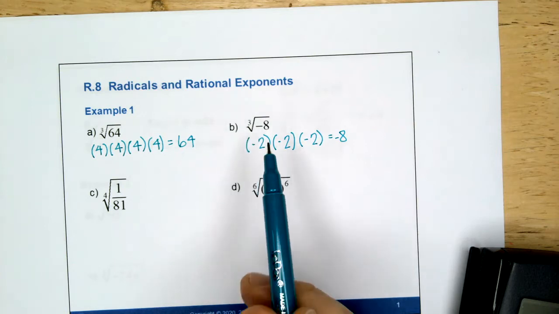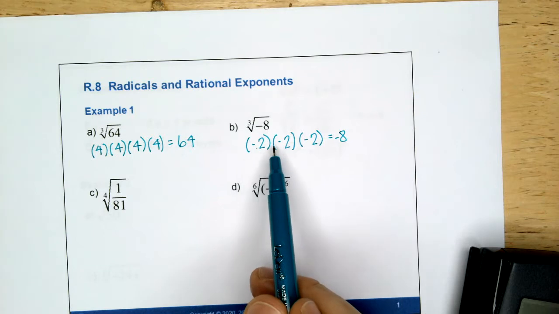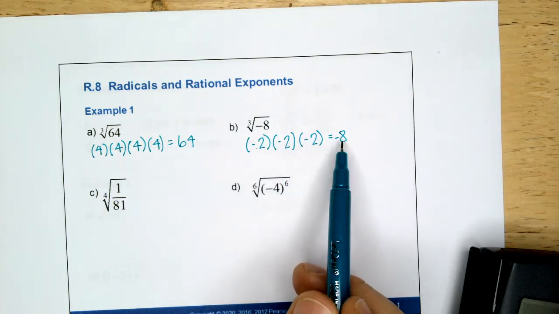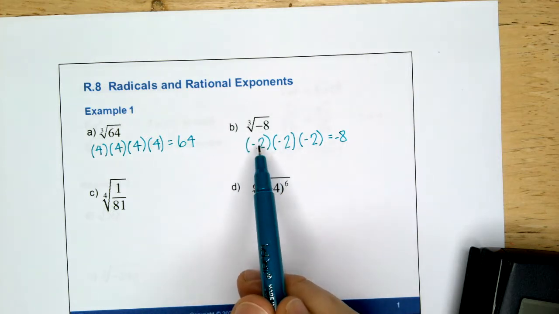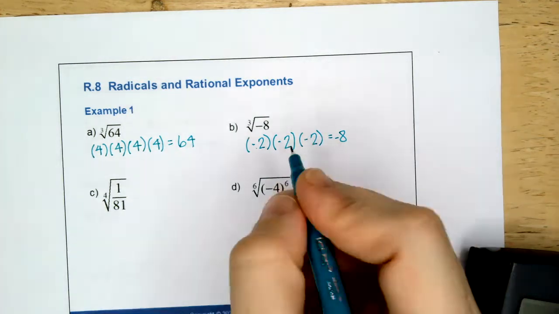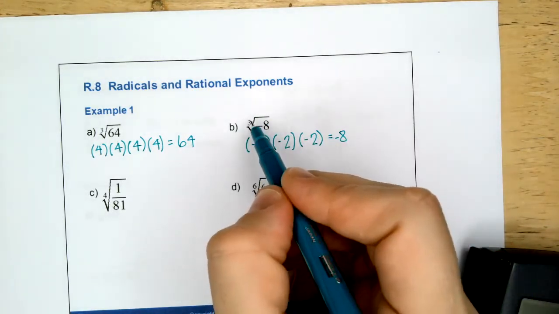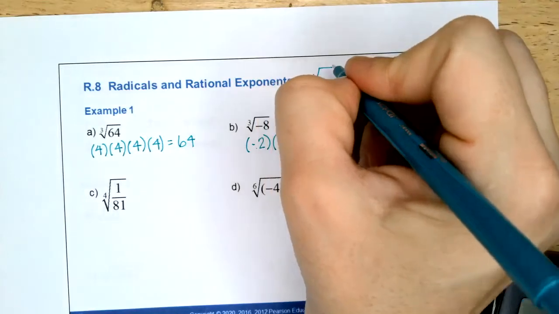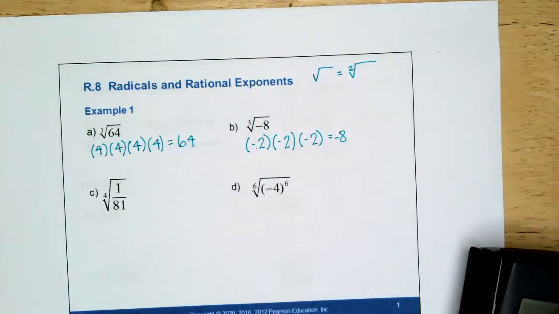If this number is even, you cannot put a negative number under here because no even number of terms will equal a negative number. But an odd amount of negative numbers multiplied together will always give you a negative. So that is okay to put the negative here as long as this number is odd. If there's no number here, remember it just means 2. So just a square root symbol is the same as saying the square root of 2. We say it's an understood 2, an understood square root.